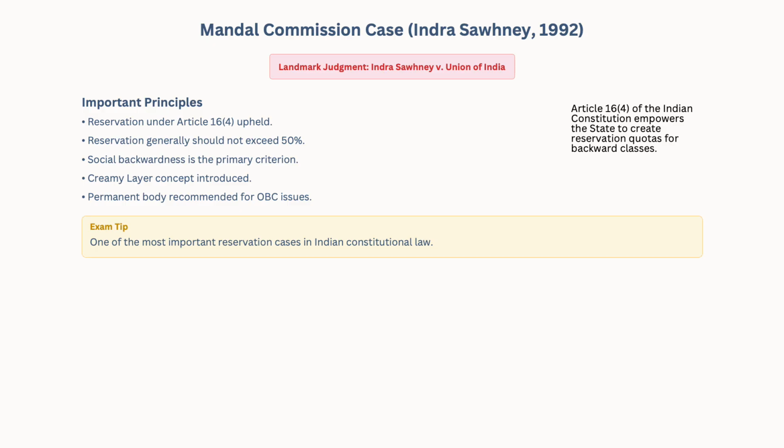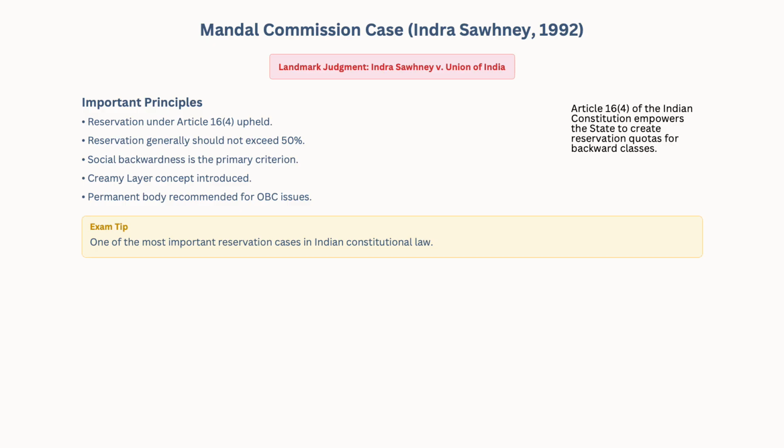What is Article 16? Equality of opportunity in matters of public employment. And under that, there's a clause, Article 16(4), which empowers the state to create reservation for backward classes.